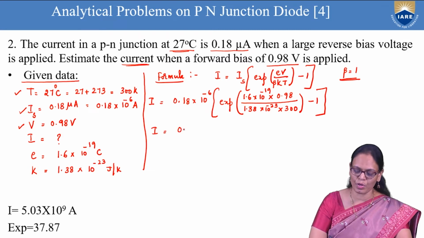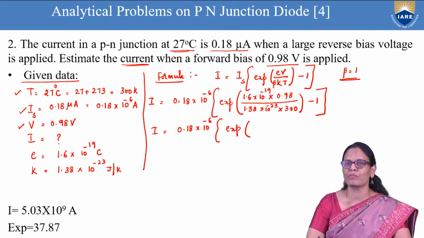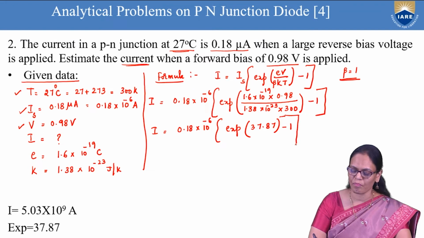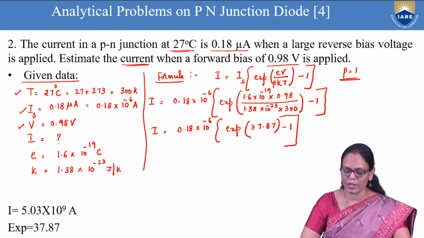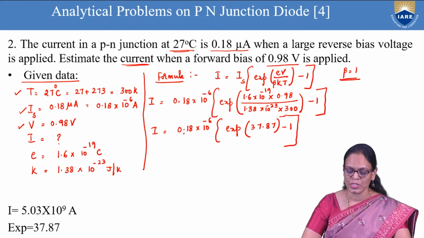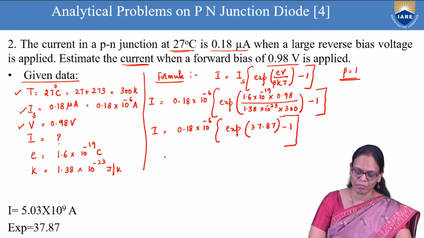I is equal to 0.18 into 10 power minus 6 into exponential. What is the value we get when we do this using the calculator? You will get 37.87 minus 1. So you can also get the value of the exponential 37.87, subtract 1, and multiply it with 0.18 into 10 power minus 6.